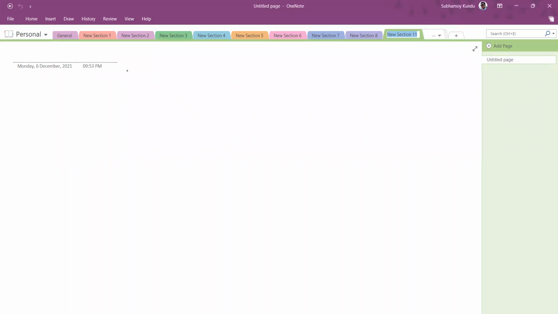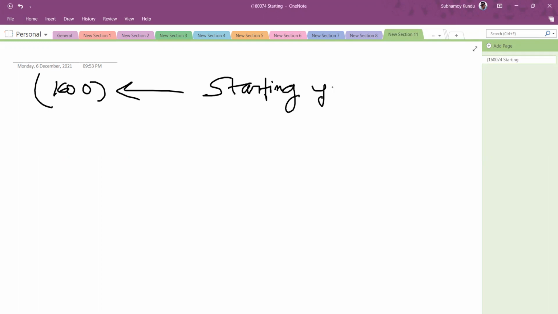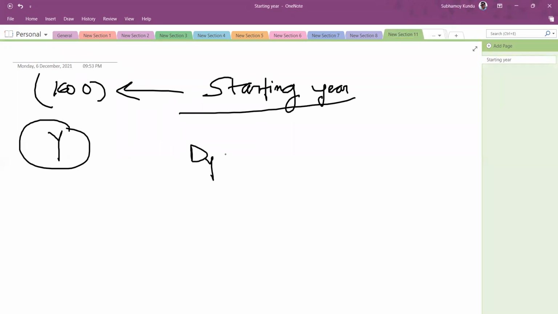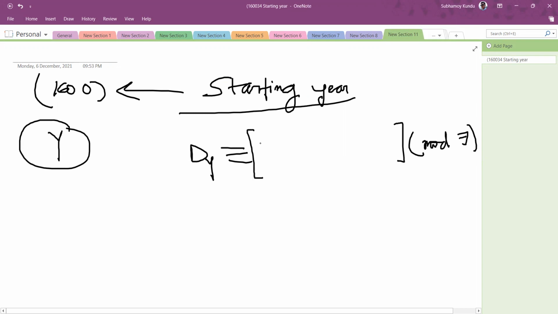Let's say 1600 is our starting year. And if we are finding this target year y and we are finding Dy, that means the day of the first of March of this calendar year, this will be congruent modulo 7 to the number D1600 plus the gap between them, y minus 1600, and we add some value L, which is the number of leap years.